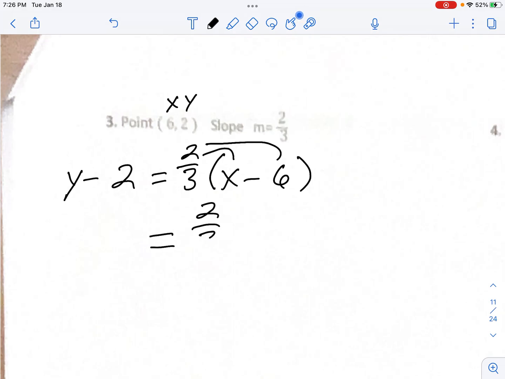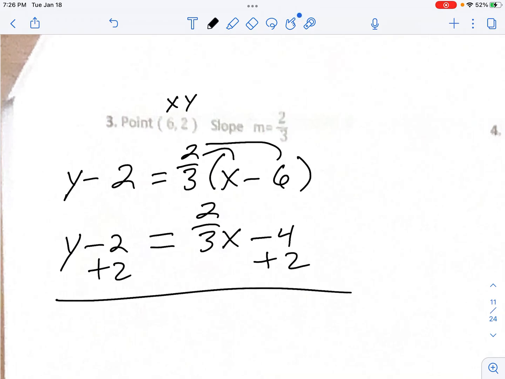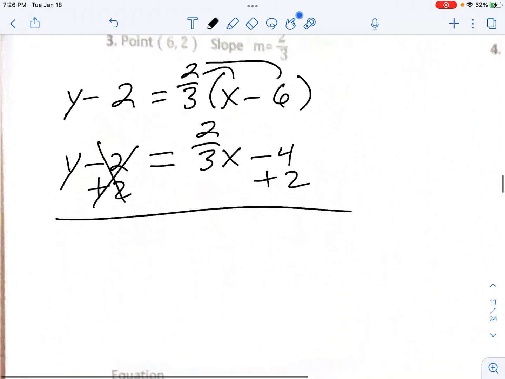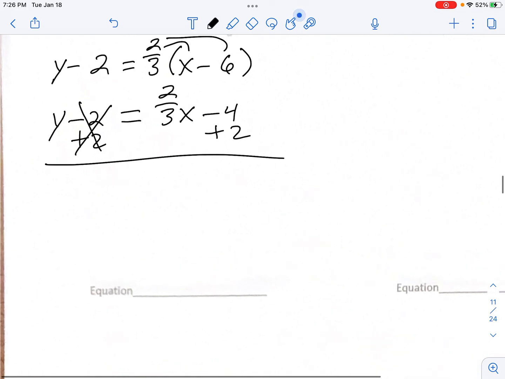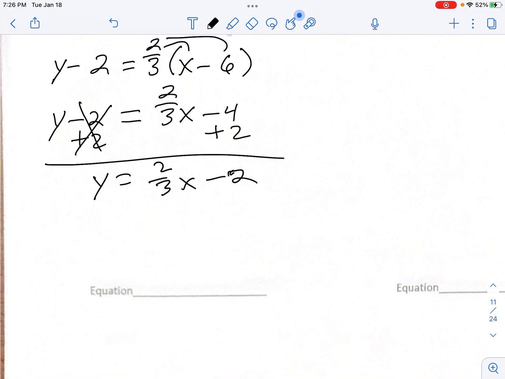So 2/3 times x is 2/3 x. 2/3 times negative 6 would actually be negative 4. Drop this down. Add that to the other side. That way that goes away. And your equation is going to be y equals 2/3 x minus 2.